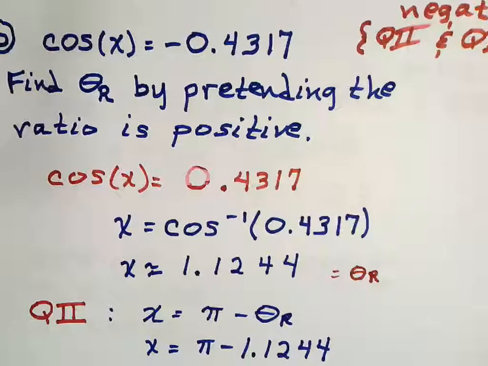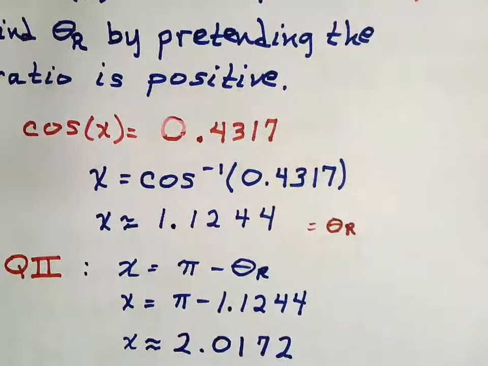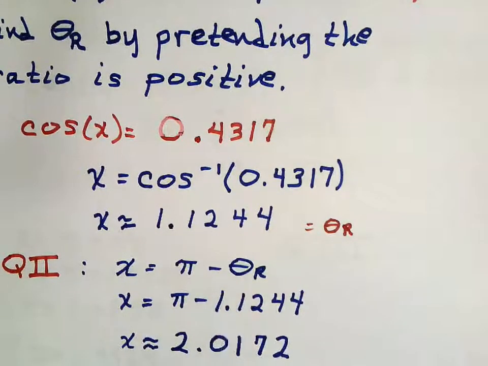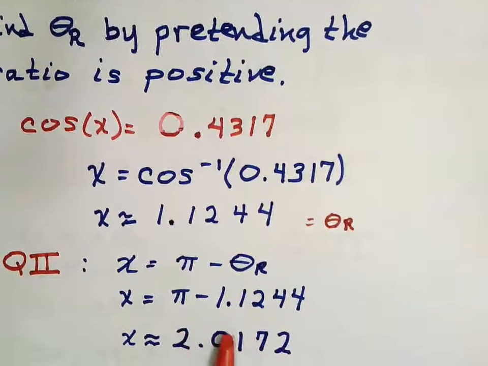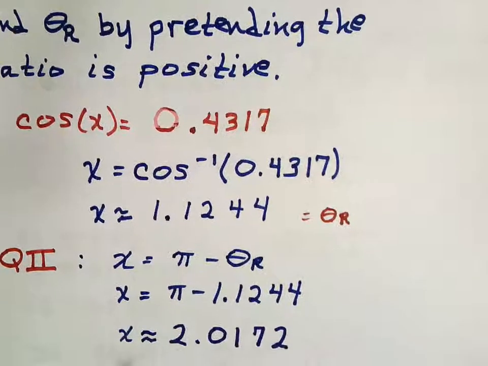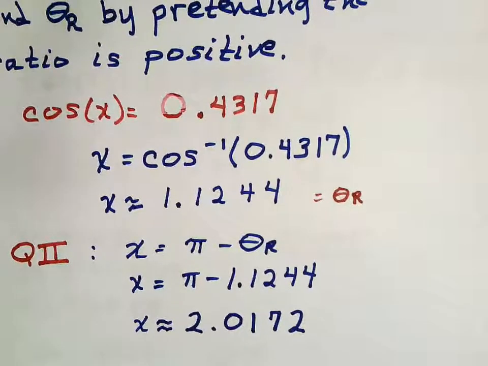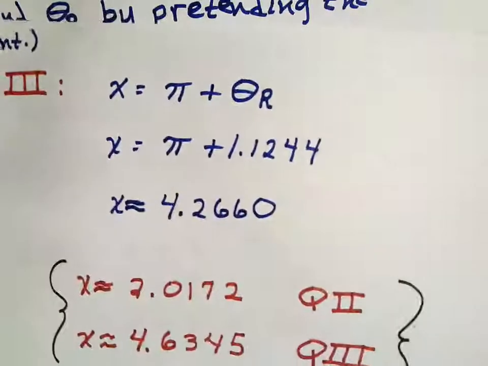But remember, cosine is negative in the second and the third quadrant. So in the second quadrant, the angle will be pi minus the reference angle. So it's pi minus 1.1244, which is approximately 2.0172. But again, cosine is also negative in the third quadrant.